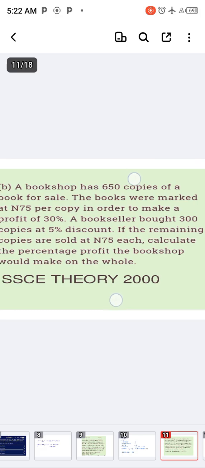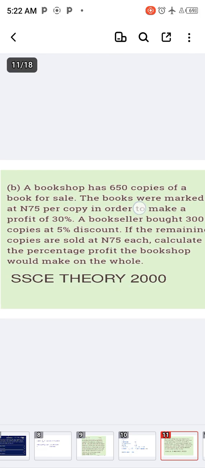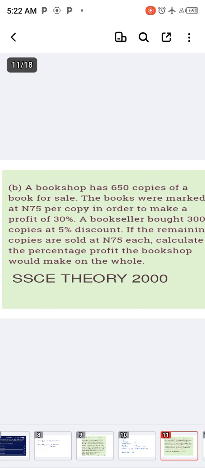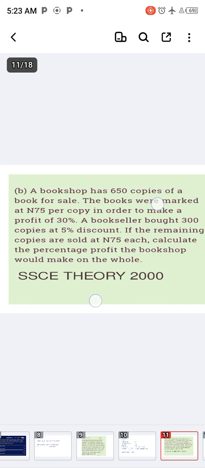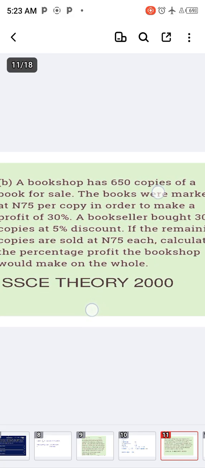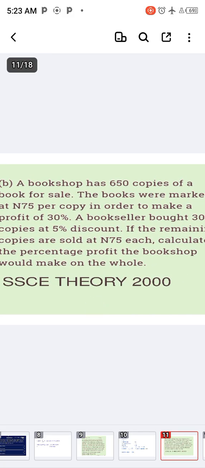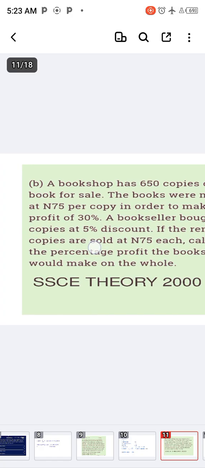This is another question, and this question is also taken from the SSCE theory section, year 2000. The question says, a bookshop has 650 copies of a book for sale.